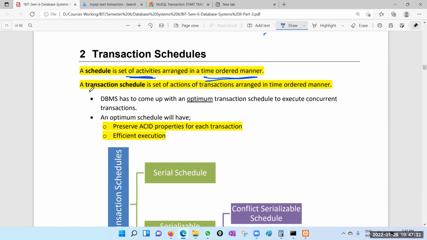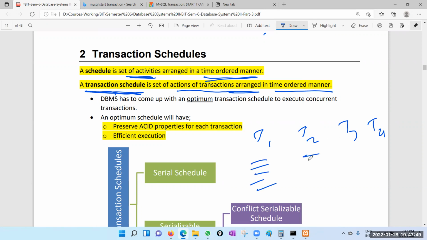Okay. So then what is a transaction schedule? A transaction schedule is a set of actions of transactions arranged in a time ordered manner. Transaction 1, transaction 2, transaction 3, transaction 4. Each transaction has a set of activities.